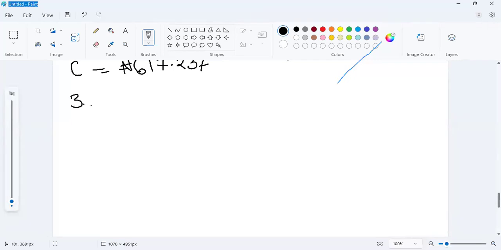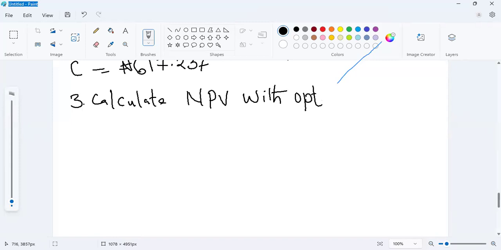Step 3, calculate NPV with option to delay. This is equal to value of call option.